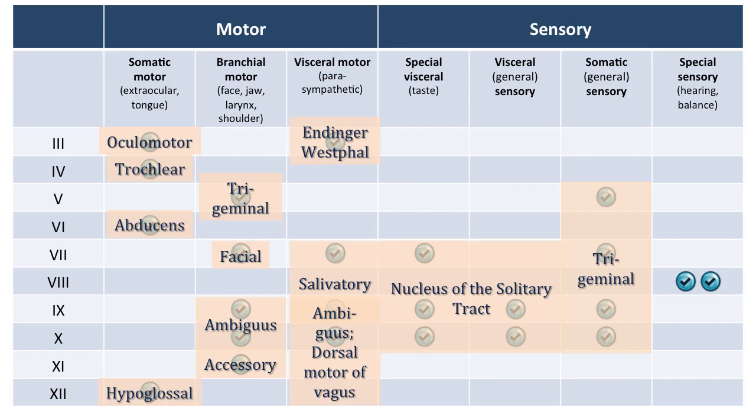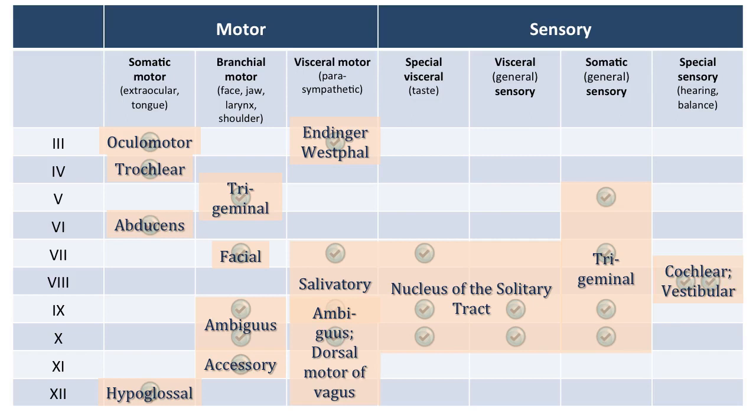We'll just recognize this as one nuclear complex. And then lastly, our special sensory nuclei in the brainstem include our cochlear nucleus and our vestibular nuclear complex.